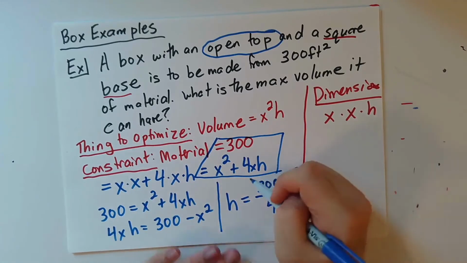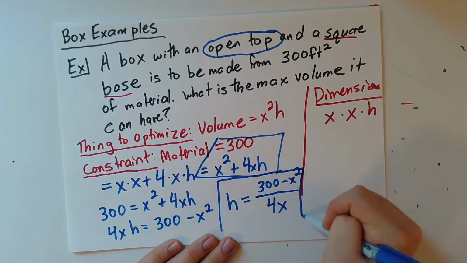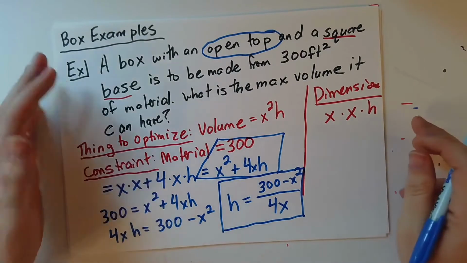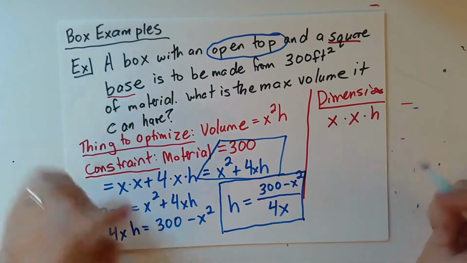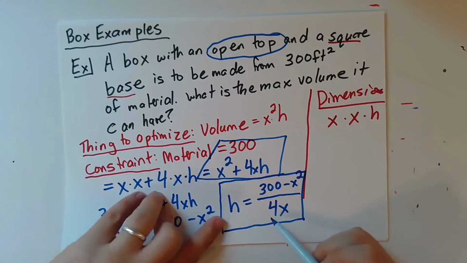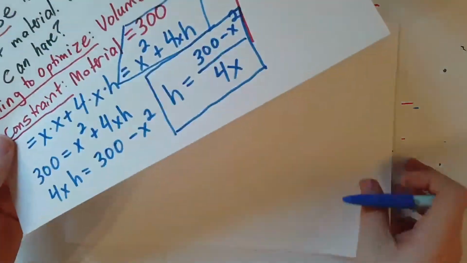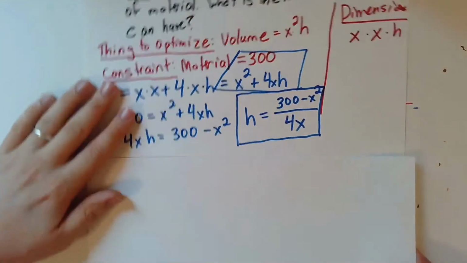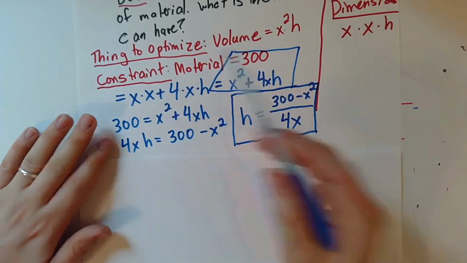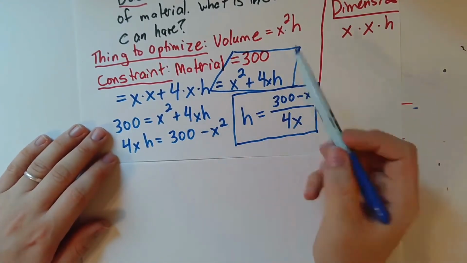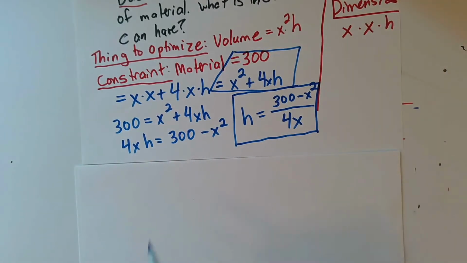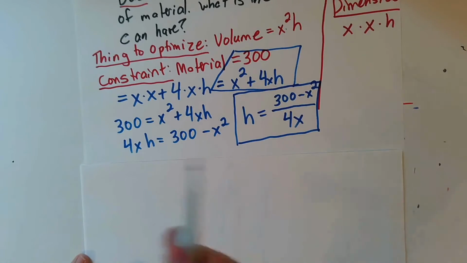Okay, so that is my height. Now I want to look at what happens to my volume when I plug that in for h. Again, always for these questions, the flow of them is you find the thing to optimize, you find the constraint, you solve the constraint for one of the variables, plug that into the thing to optimize so that you get a one variable thing.